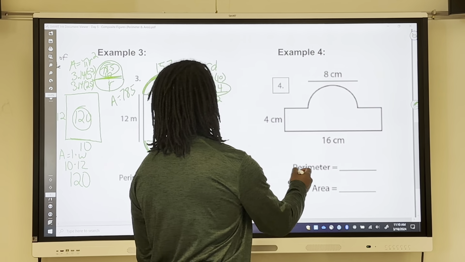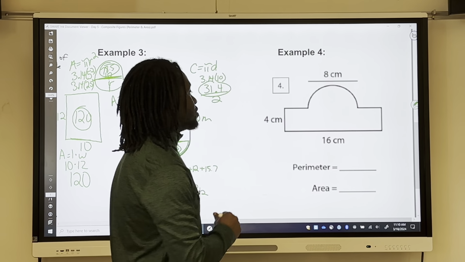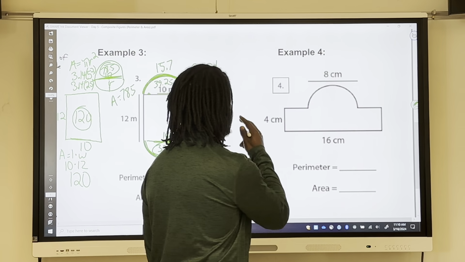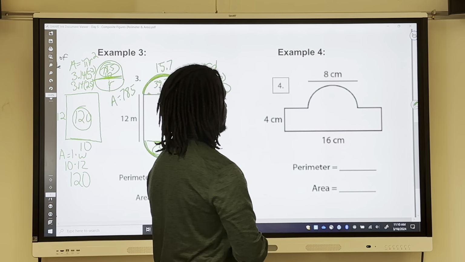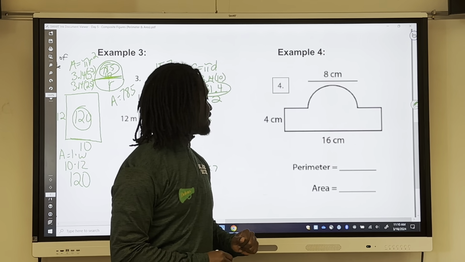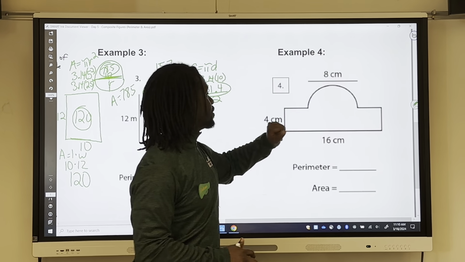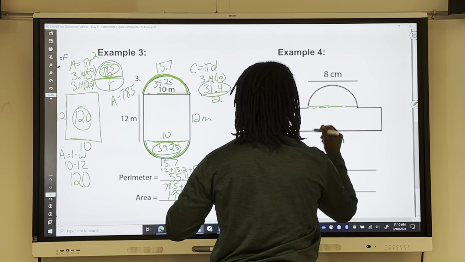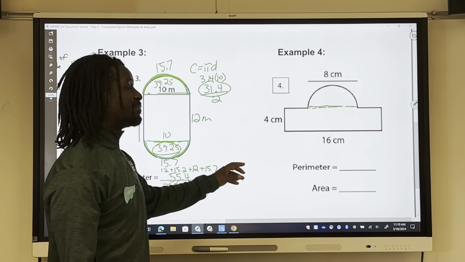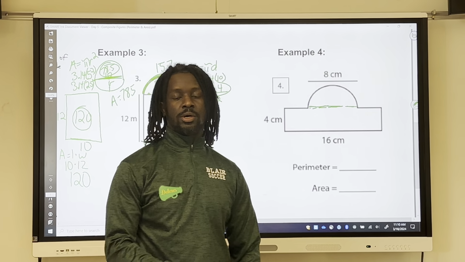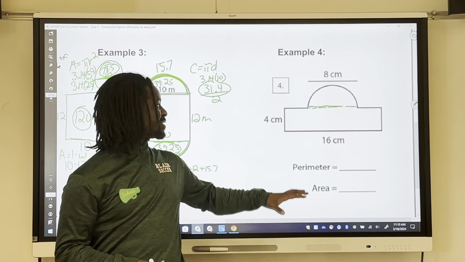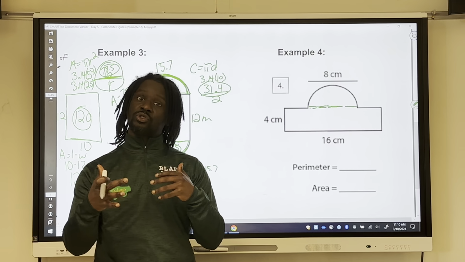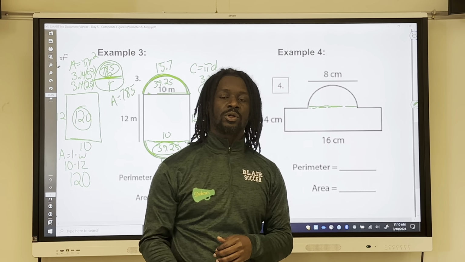All right. Go ahead and find the perimeter, add up all the sides, okay? And then find the area of, again, when I break this up, I'm gonna have a half of a circle and then a rectangle, all right? So I'm gonna let you try this one on your own, okay? This one isn't as hard as the other ones, and I've showed you how to do it. So I want you to try this one on your own.